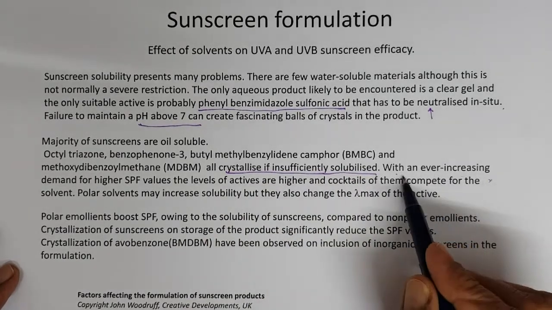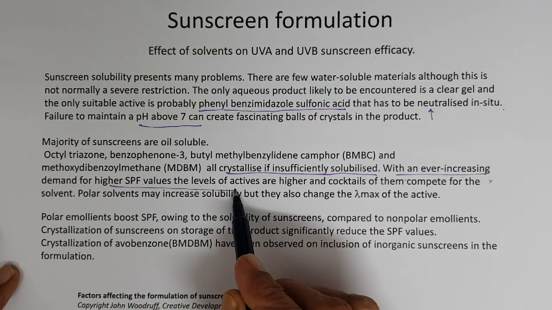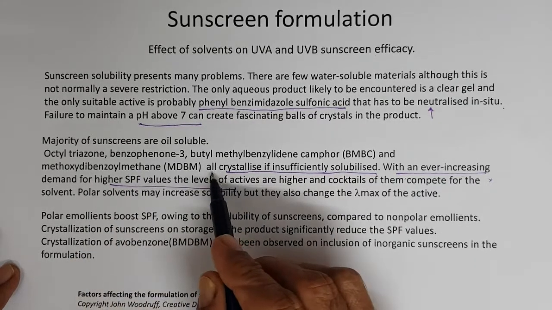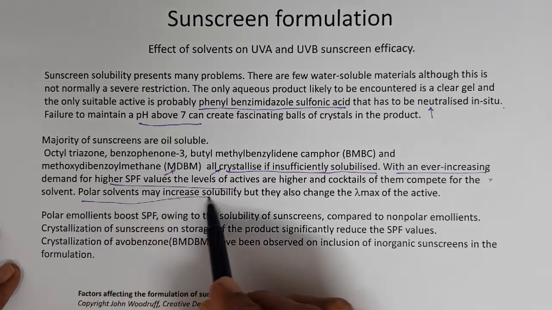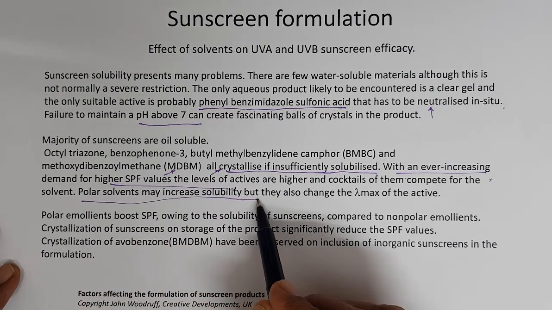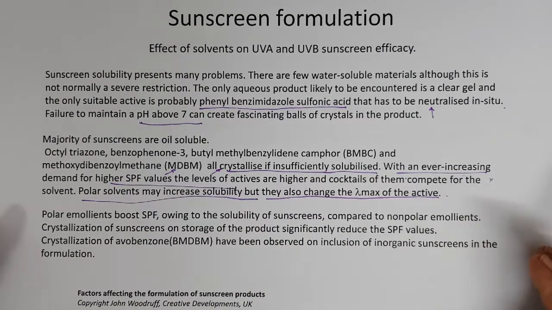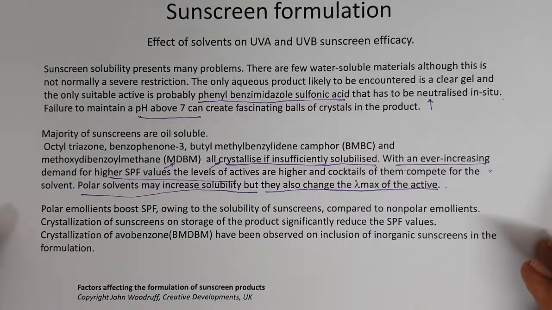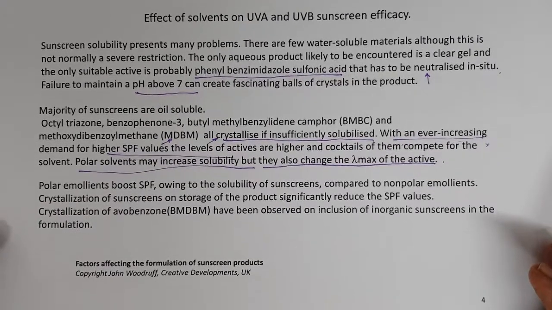With an ever increasing demand for high SPF values, the solubility of these sunscreens when used at higher level is very, very important. Polar solvent may increase the solubility, but they can also change the lambda max of the active. So they can shift the UV absorbance range of the sunscreen.